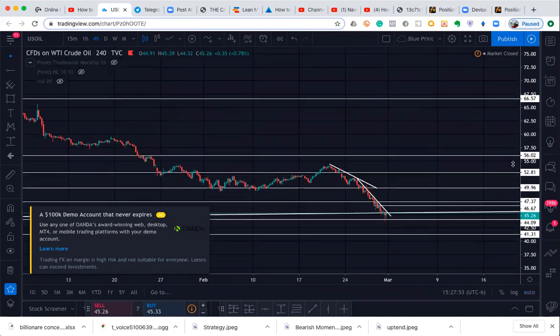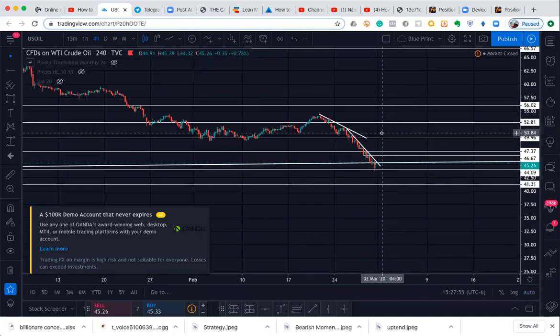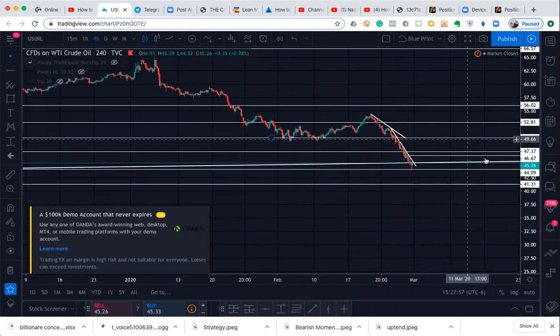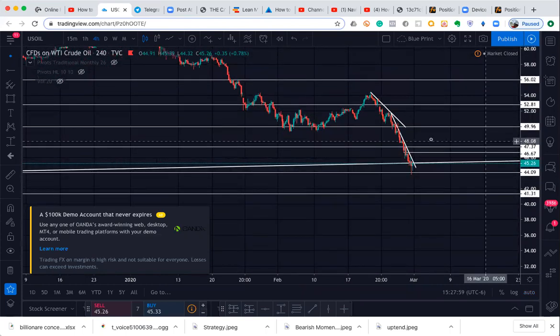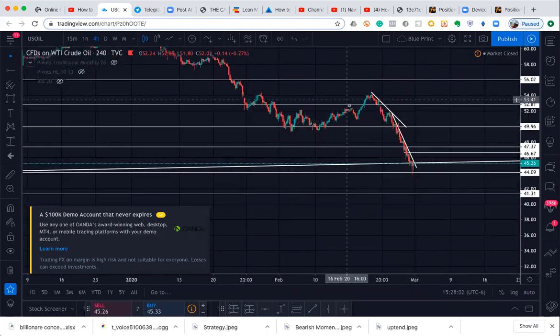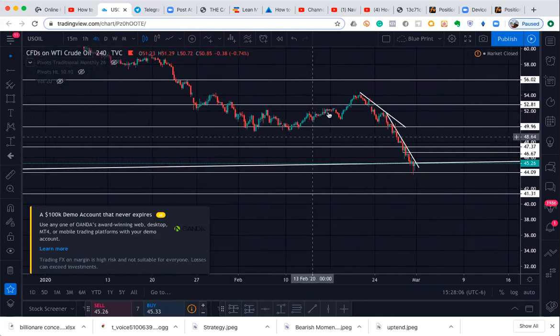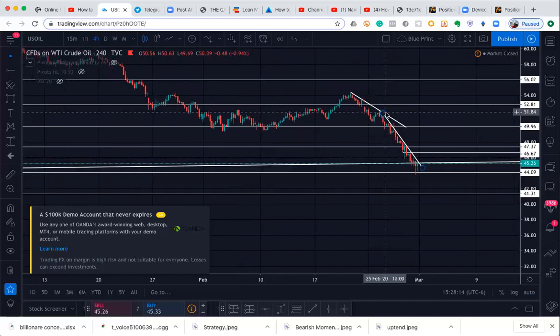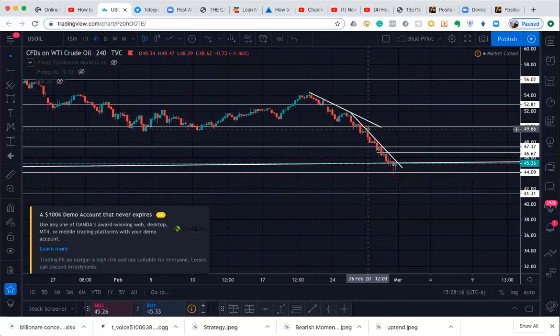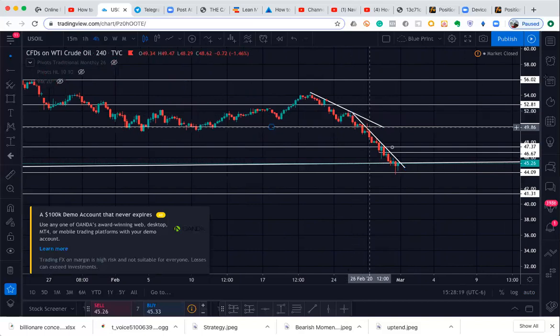Support and resistance is going to work on anything. This again is the 4 hour. For all intents and purposes, this is a head and shoulders. Did we record this? Yeah, I'm recording it. Okay.